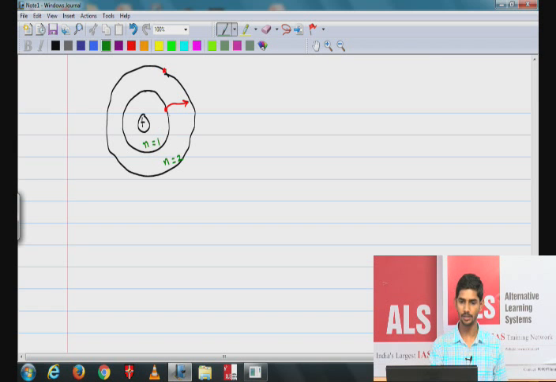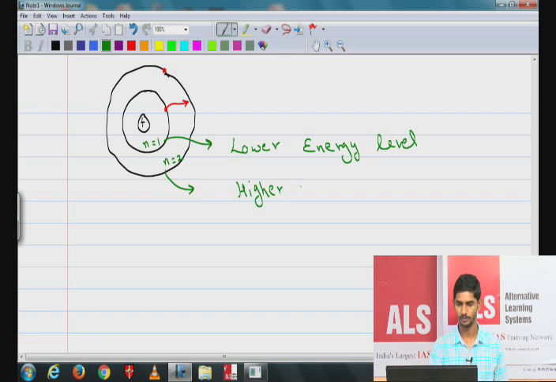So this is the lower energy level, and this one is your higher energy level. Kohima, are you there?